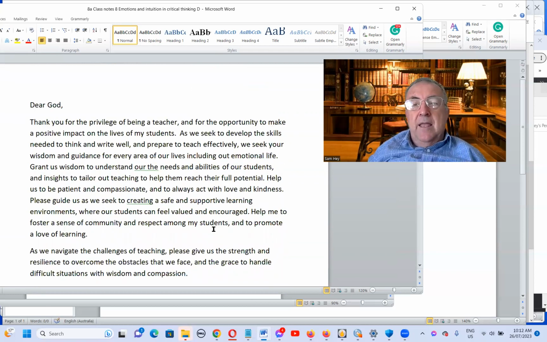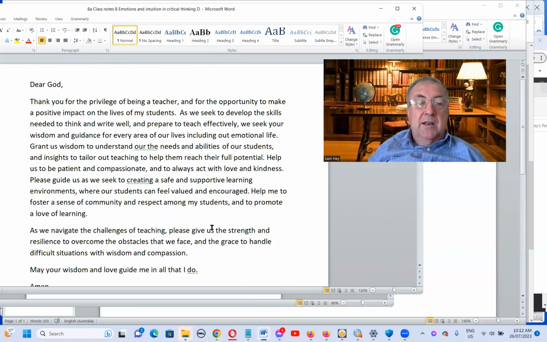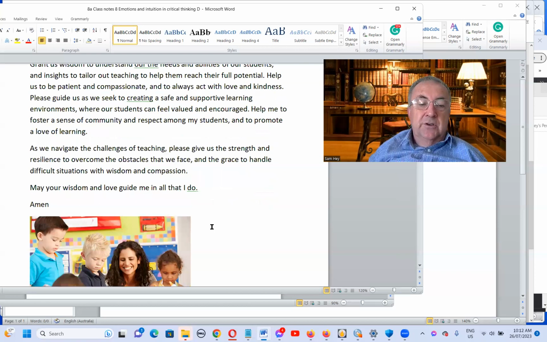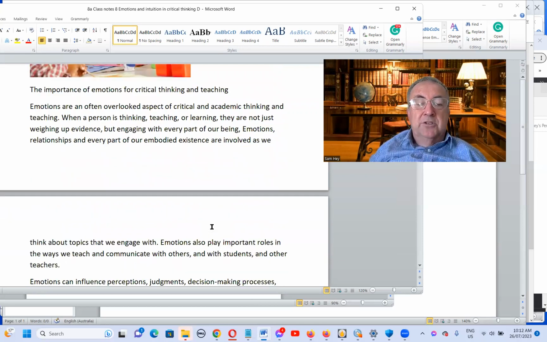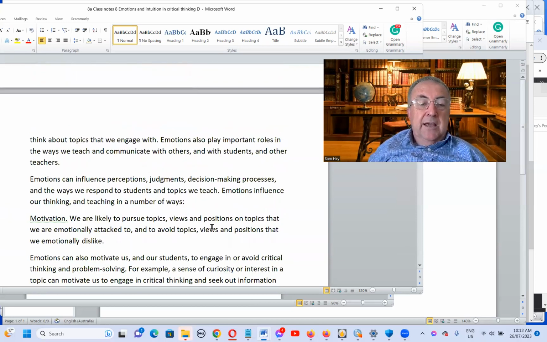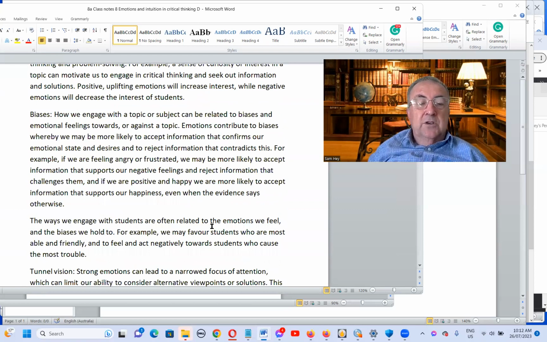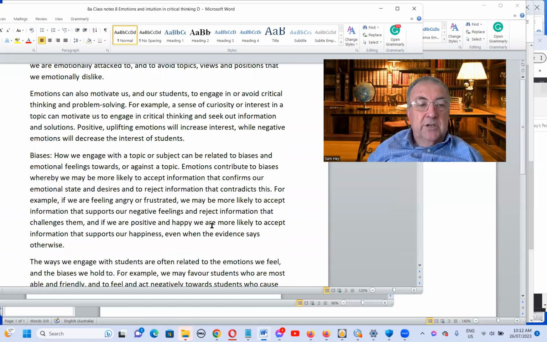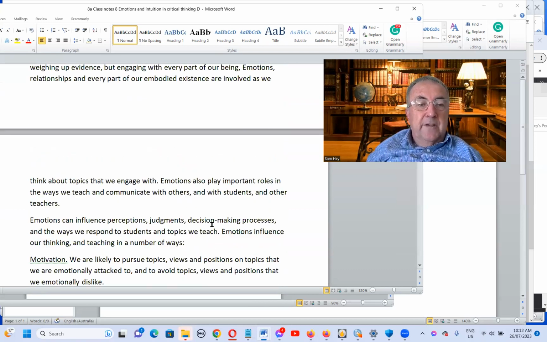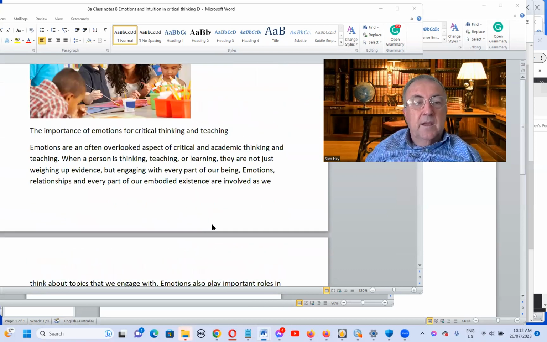And we can also bring prayer and worship into our classrooms, where we thank God for the privilege of being a teacher and a student and for learning, in order to appreciate the importance of emotions and positive emotions in our classroom, and in order to engage with a deeper understanding of emotion so that we're each better off in our understanding.